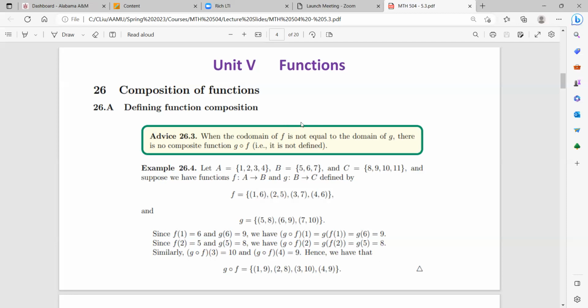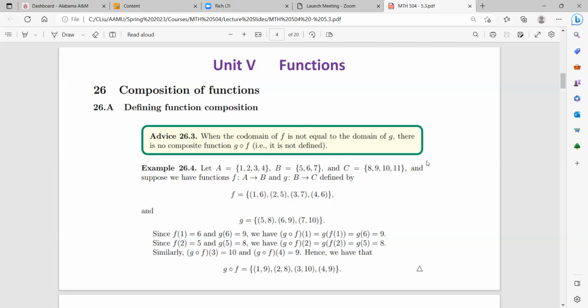Then you cannot talk about the composition of the two functions. But usually when we define the composition of two functions, we intentionally make the codomain of F the same as the domain of G, so that the composition of G with F is always well defined.